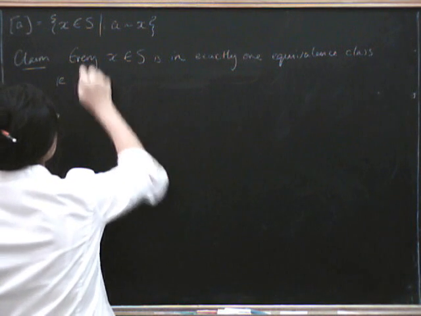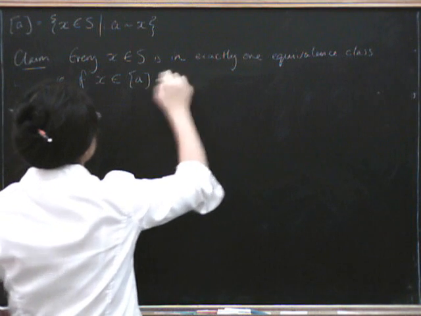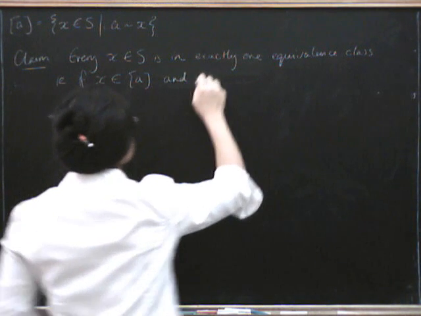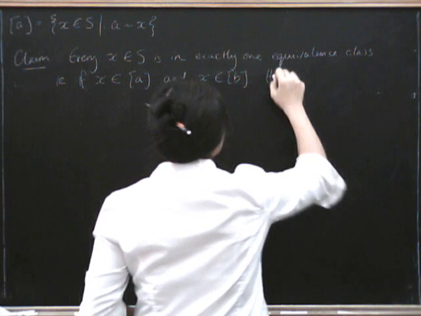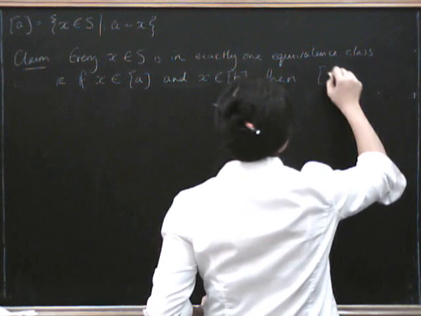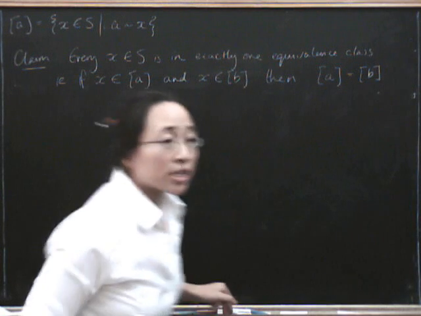So if X is in the equivalence class of A and X is in the equivalence class of B, then those two equivalence classes had to be equal.